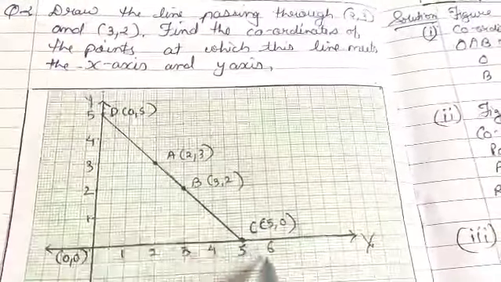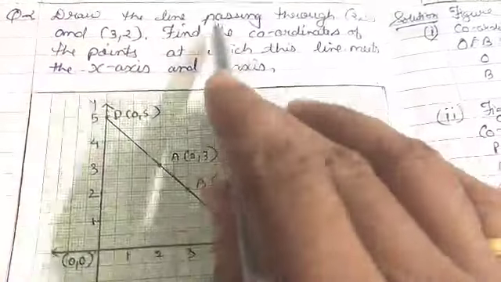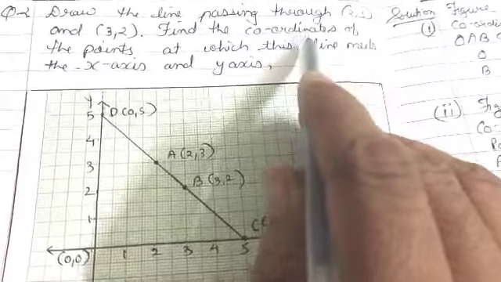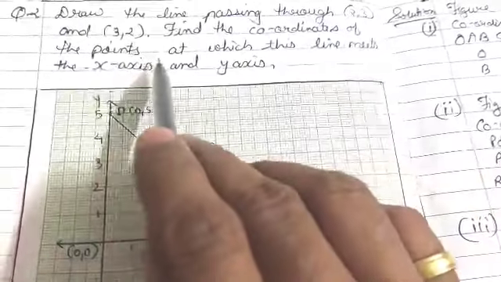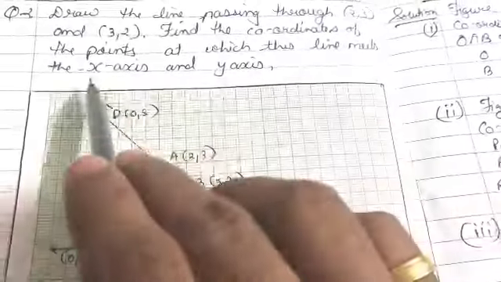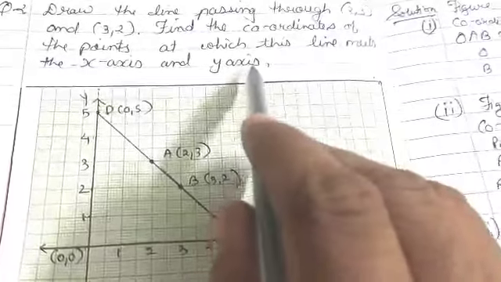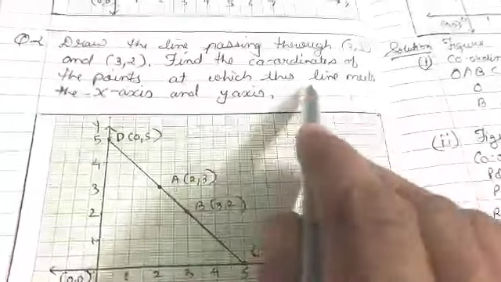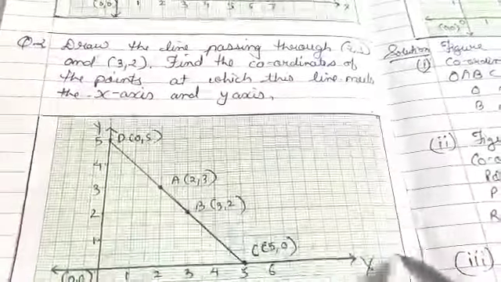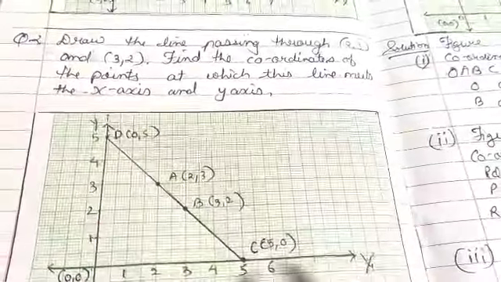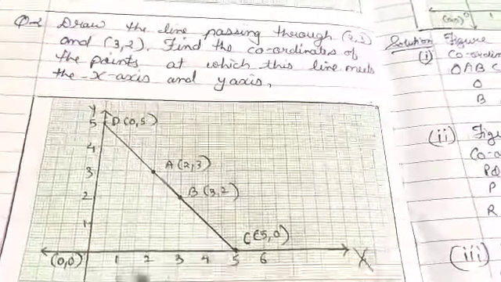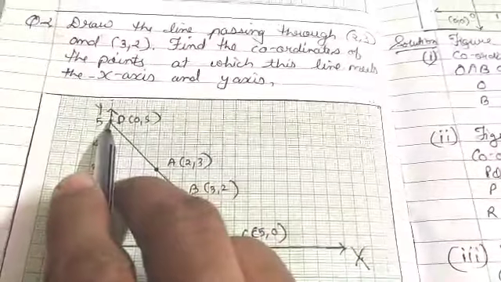And when you draw one line, it is asked to find a coordinate. Find the coordinate of the point at which this line meets the x and y axis. So when you draw a line, it will meet the x axis at 5 and the y axis also at 5.